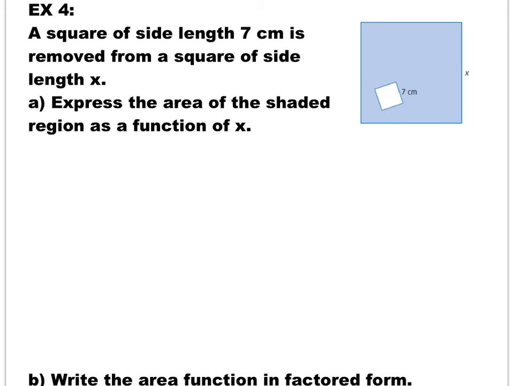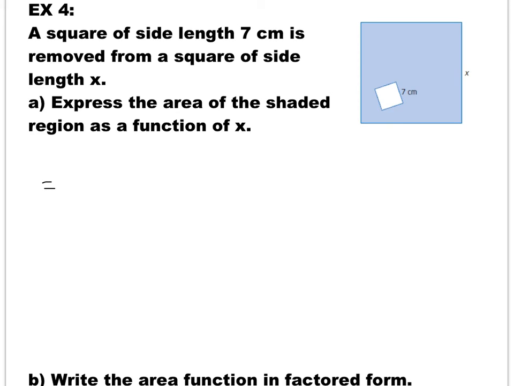In the next example, I have a square of side x, and I cut out another square of side length 7 centimeter. The first part of the question says express the area of the shaded region as a function of x. Very easy.